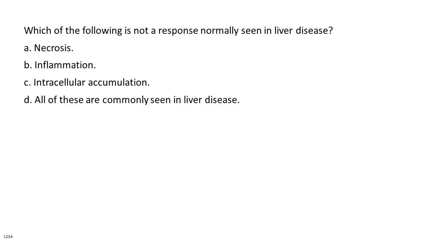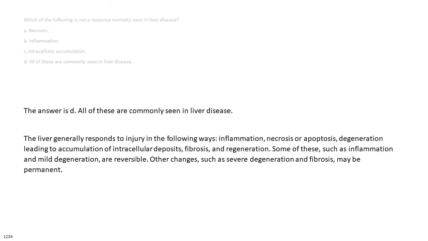Which of the following is not a response normally seen in liver disease? A. Necrosis. B. Inflammation. C. Intracellular accumulation. D. All of these are commonly seen in liver disease. The answer is D. All of these are commonly seen in liver disease.